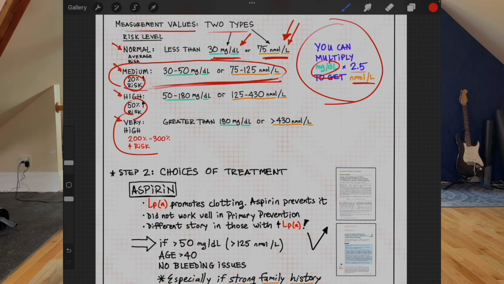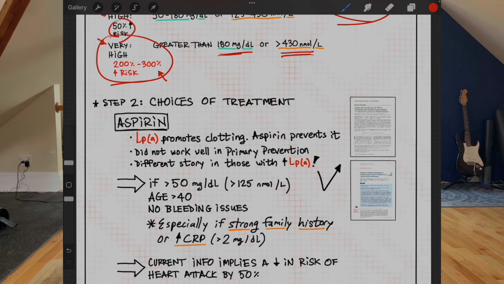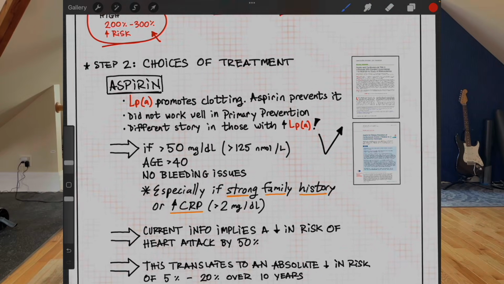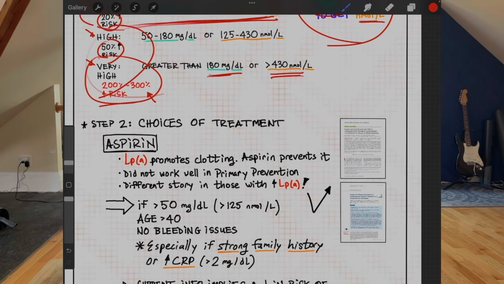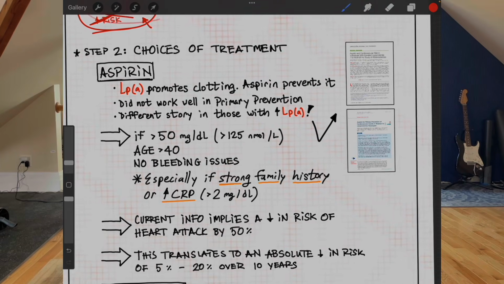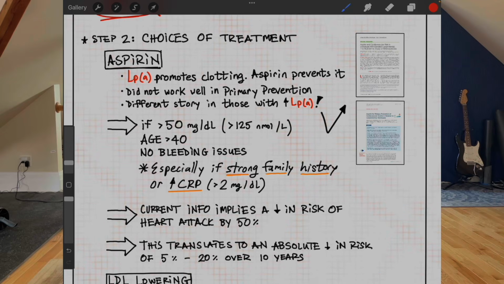And then clearly the very high numbers, so greater than 180 or greater than 430 nanomoles per liter. Those increase a person's risk 2 to 3 times above what it would be otherwise, again, equivalent to being a heavy smoker. So if you're in the high or very high category, I think it's worth it to think about what your choices are for treatment.